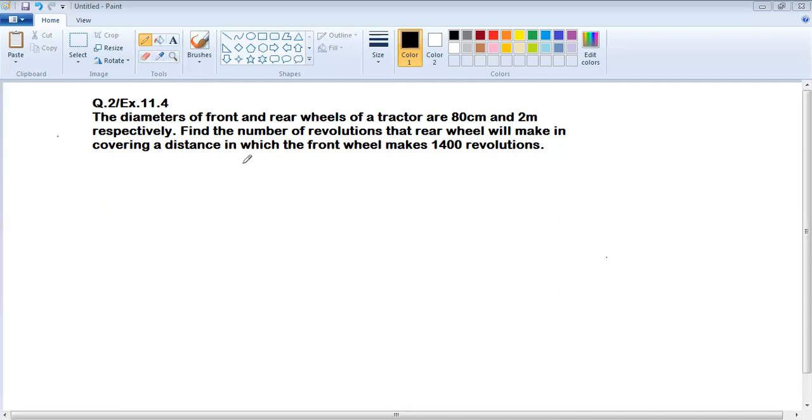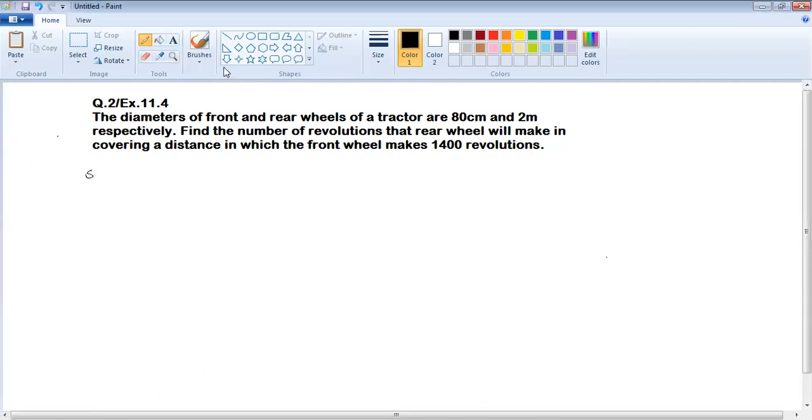So first thing is given diameters of front and rear wheel. Just observe that units of the diameters of two wheels are given different. So first we should make the same units and then let us find the radius of the rear wheel as well as the front wheel.